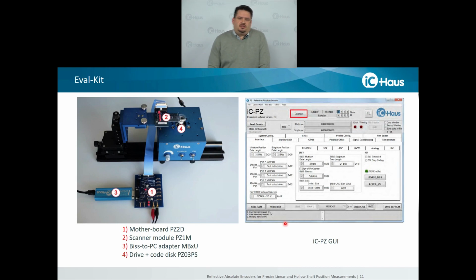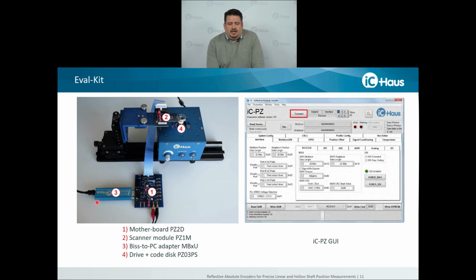This evaluation kit consists of a motherboard, which allows you to have all the access to the outputs in the interfaces of iC-PZ, connected with a flex cable to our PZ1M scanner module, which is soldered with the PZ205 or PZ2656. Then the evaluation kit comes with a code disk, a standard code disk of 26 millimeter, so that you are able to measure, test, and evaluate the first signals with our sensor.